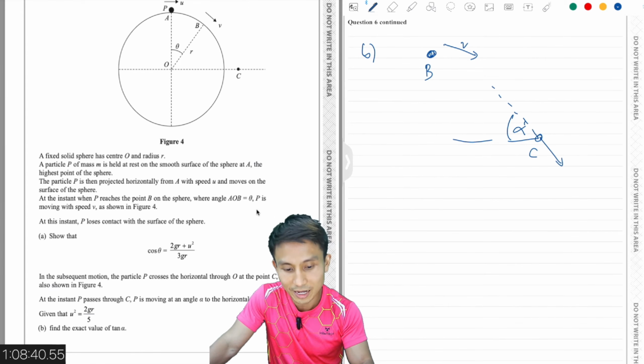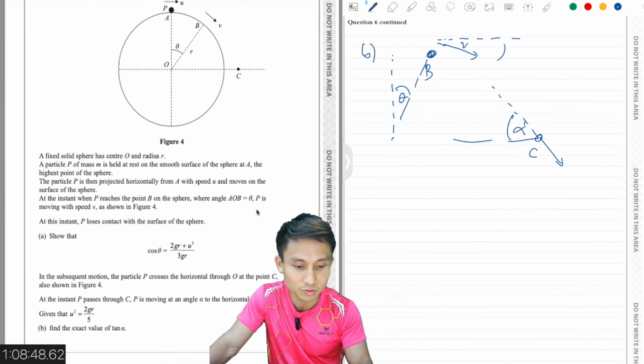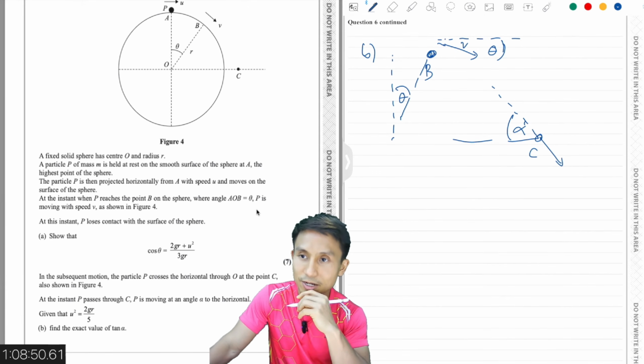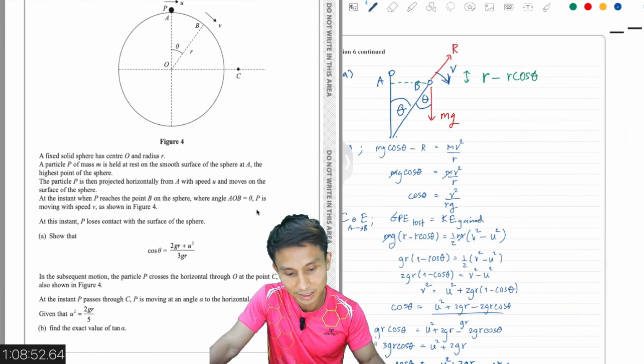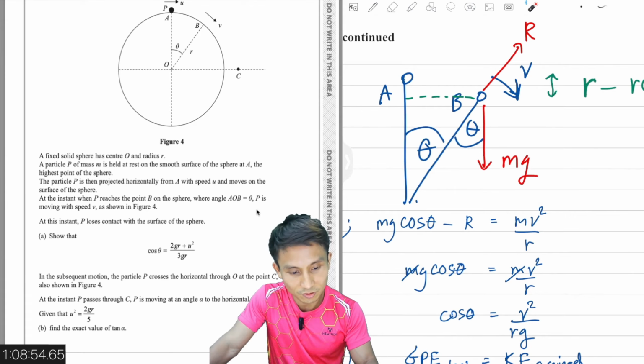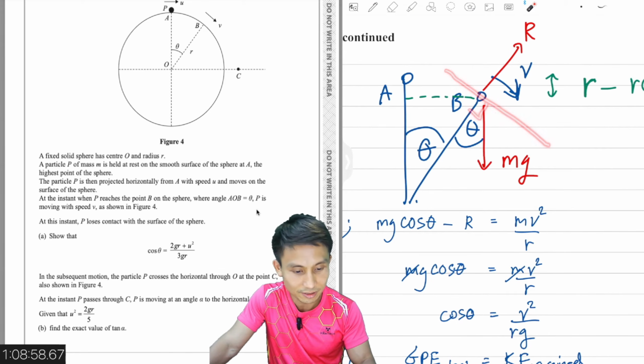Now, what is the angle there again? That was the center. This was theta. So theta here is also the same as the angle to the horizontal here. If we draw a perpendicular line here, this is V. So this is 90 minus theta, so this is also theta.